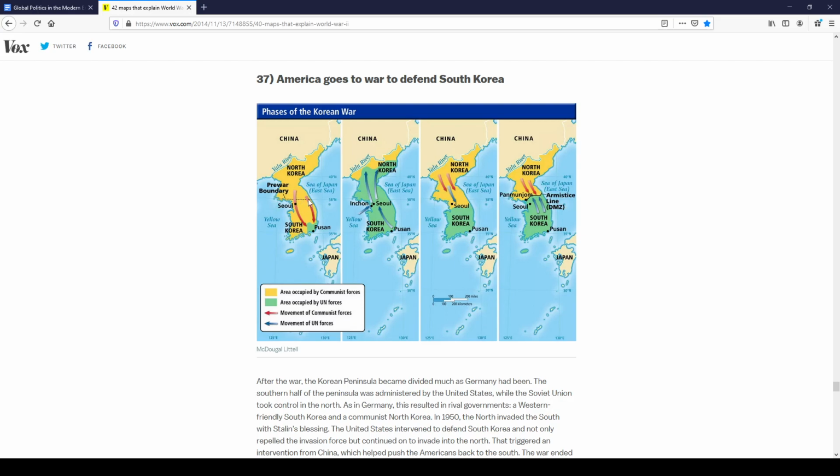And in the south, you didn't have a democracy, so don't think it's that. But you had a non-communist regime that was governed by the aging nationalist Syngman Rhee, R-H-E-E. In any event, some people blame a poor American speech that was given.